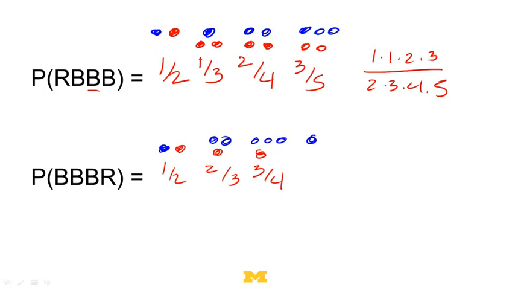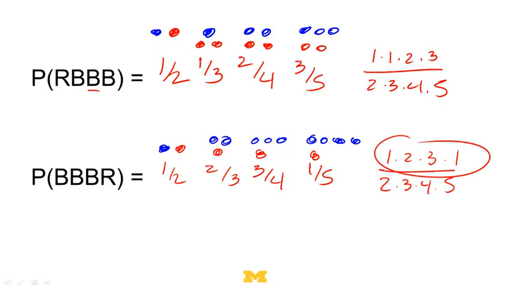Well, I add another blue ball because I picked blue again, so I've now got 4 blue balls and only 1 red ball, and the odds of picking that red ball are just 1 out of 5. Well, if I multiply all these things together, I get 1 times 2 times 3 times 1 over 2 times 3 times 4 times 5. So 1 times 2 times 3 times 1 is the same as 1 times 1 times 2 times 3. These things are equally likely.